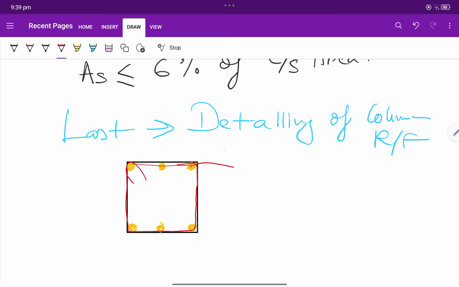We have to tell the dia of the main bar, the dia of the stirrups, and also the spacing. So in this way we will conclude it. In the next lecture we will start with a numerical. Okay, thank you.